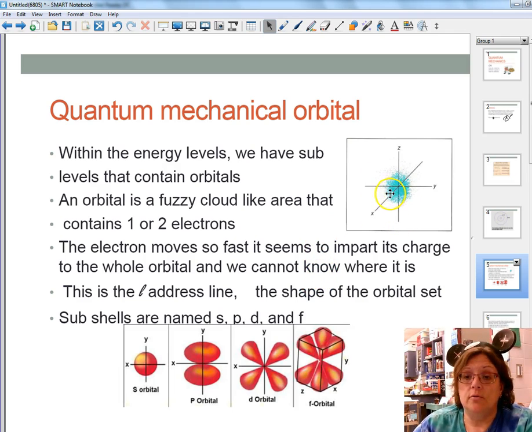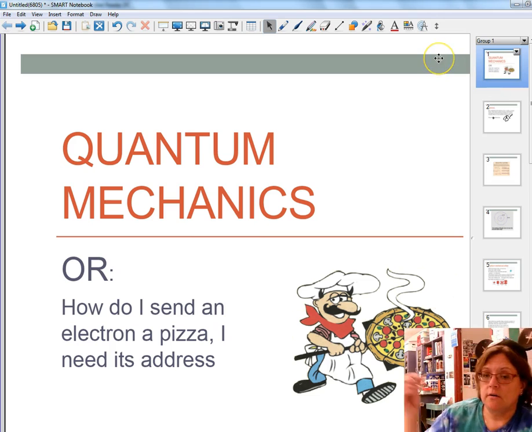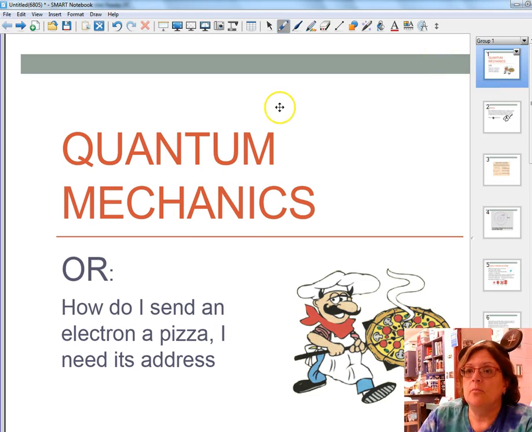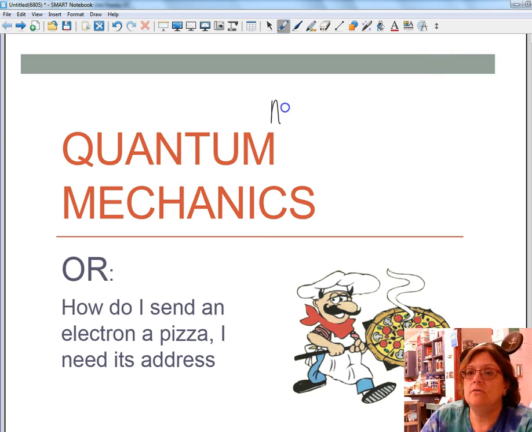The orbital type or shape is what we call the L address line, which is our second address line from our quantum numbers. So, to sum up so far, our first quantum number is the N number, which is the energy level. The second one is the L number, which is the shape of the orbital.